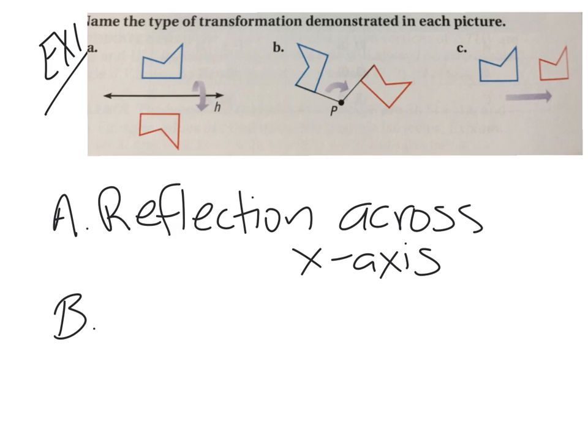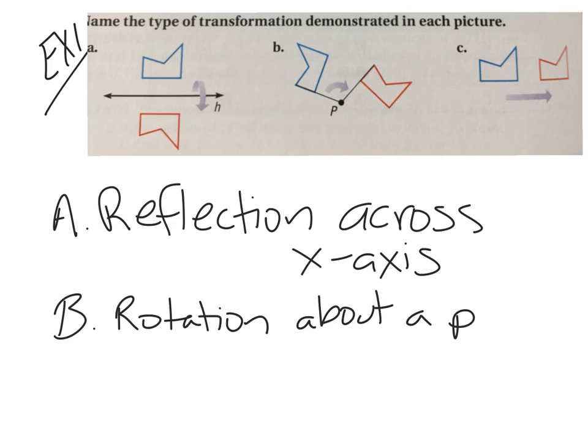Okay? For B, what happens? Rotation, and it's specifically about a point. It's around that point. Because remember, some rotations don't hit that point. Rotation about point P. And then for C, what happens? Translation.